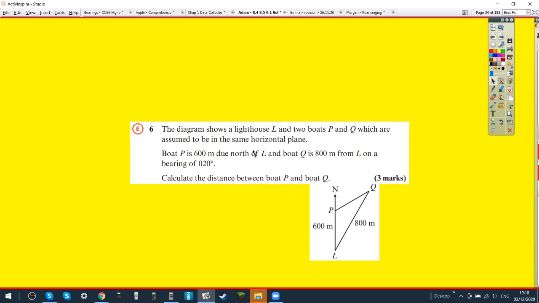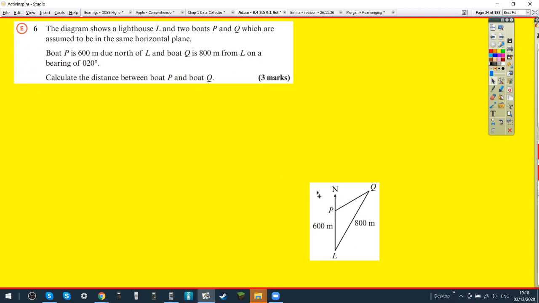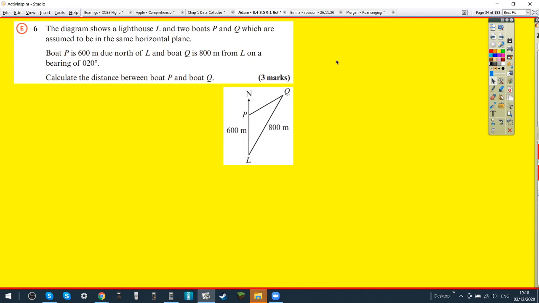Okay, let's see. This is more bearings. An exam question for bearings.